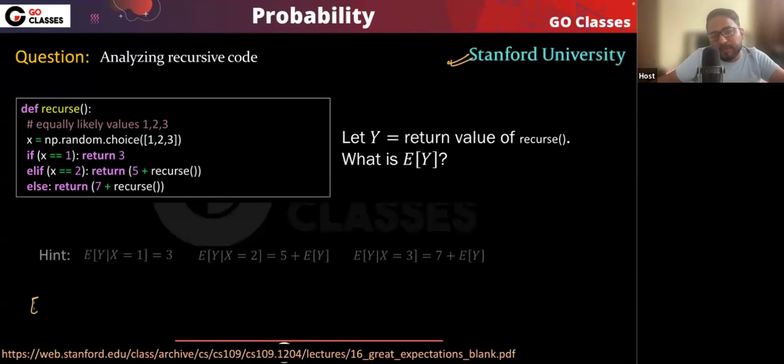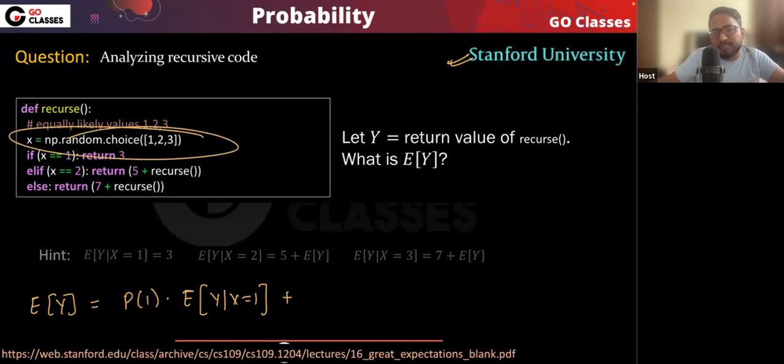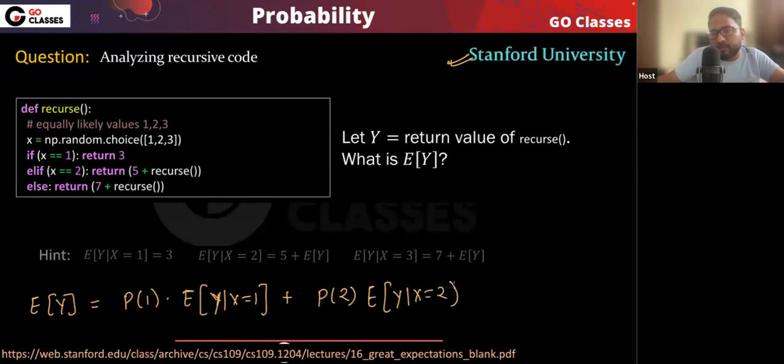So the expected return value will be: the probability of choosing one, and then if x comes out to be one, what is the expected return value? If x comes out to be two, what is the expected return value? If x comes out to be three, what is the expected return value?